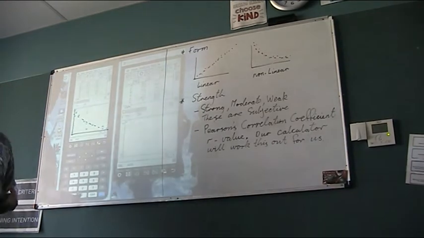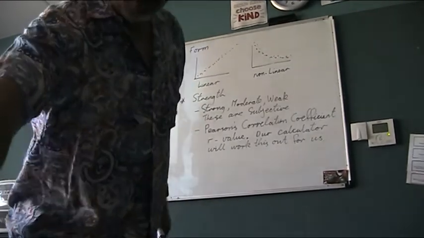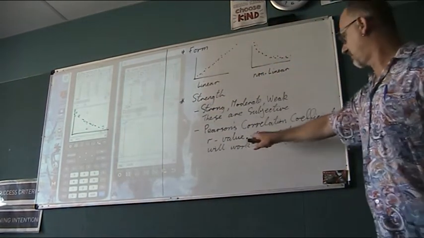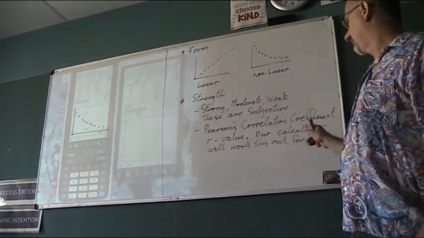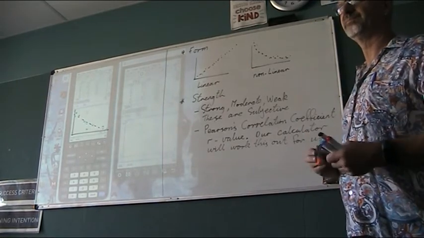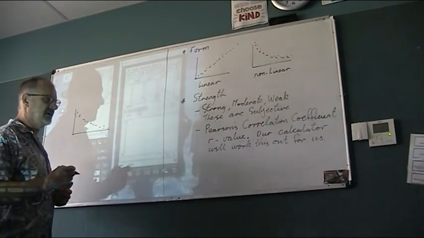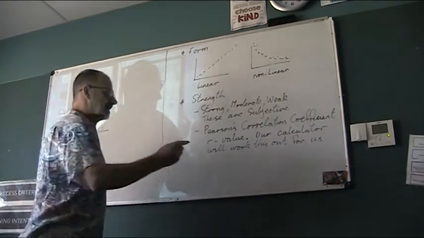But the key thing for you guys to remember: the R value, full stop. Our calculator will work this out for us. So Pearson's correlation coefficient is a number.